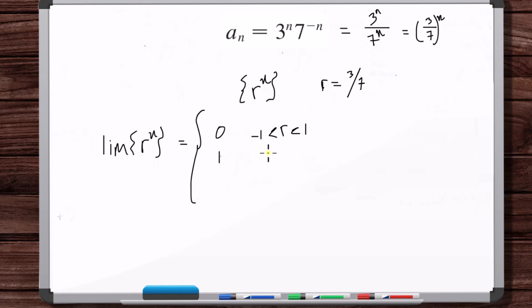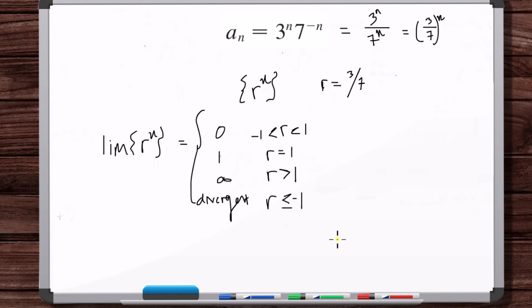It's equal to 1 if r is equal to 1. It's equal to infinity if r is greater than 1. And if r is less than or equal to -1, then it's just divergent. Both of these are divergent, but this one doesn't diverge to -infinity or something like that. We talked about why this is, because these are oscillating, which is what happens when r is equal to -1.